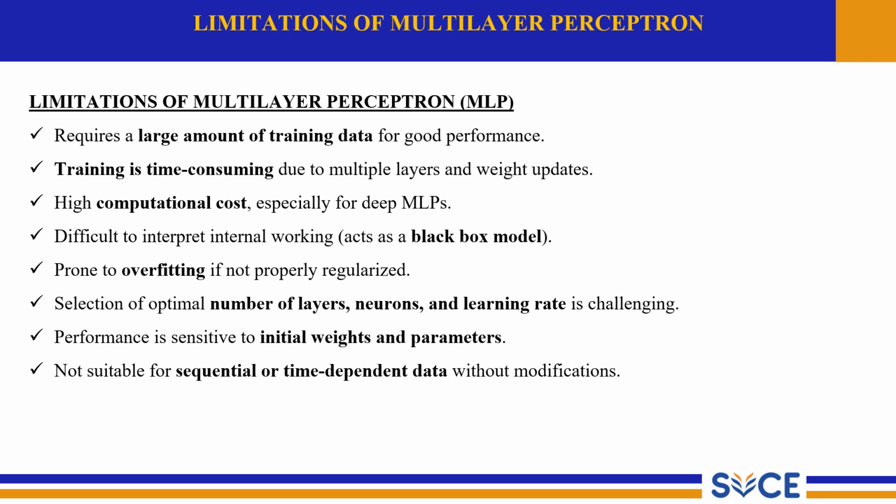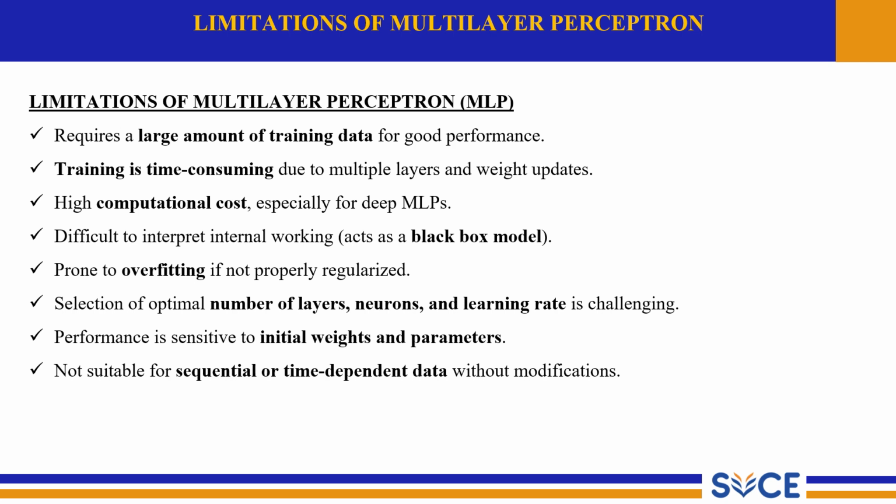The third one is that multi-layer perceptrons have a high computational cost, especially for deep networks with many hidden layers and neurons. This can require significant memory and processing power. The fourth one is that MLPs are often considered black box models, meaning it is difficult to interpret their internal workings and understand exactly how decisions are made.